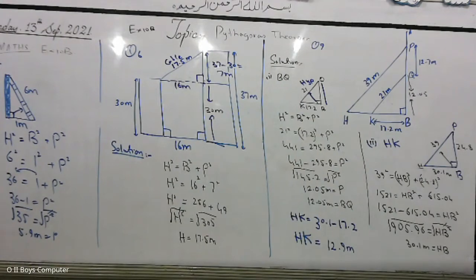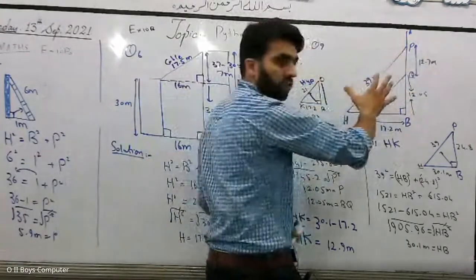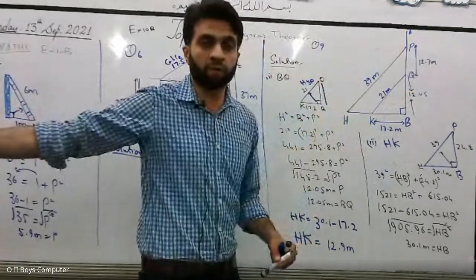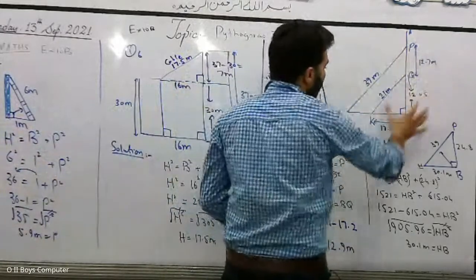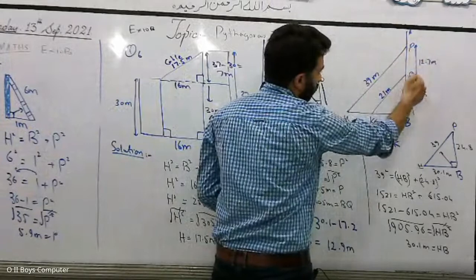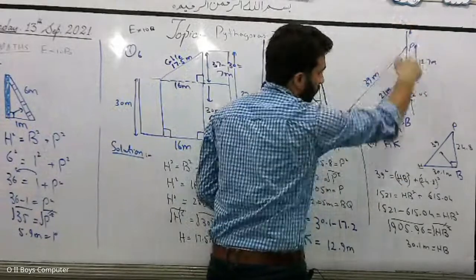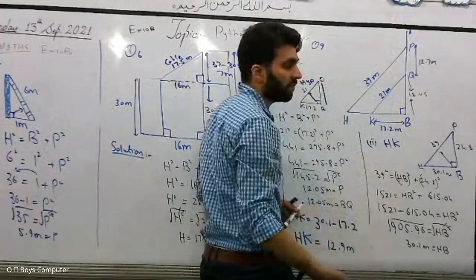Find BQ, the height above the ground at which the spotlight Q is mounted. So this is the diagram, which I have read from the book, the question. In this diagram, these 2 points P and Q. On point P, this is AB, a vertical pole. It could be any pole.